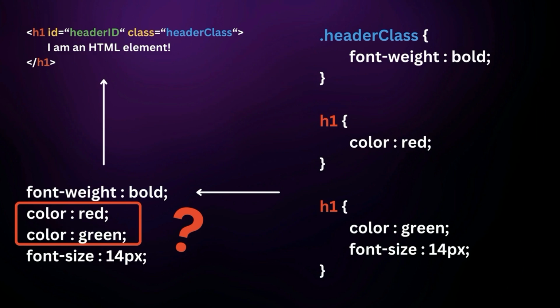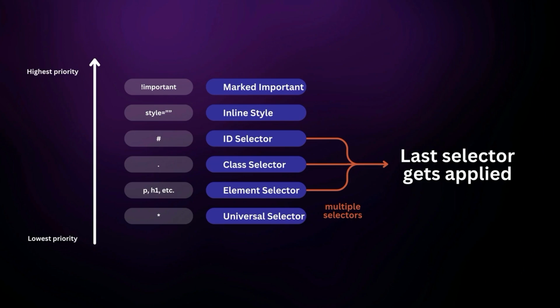So in this case, it's going to be the last header 1 selector and not the first one. So our element, instead of having the color red, it's going to have the color green because again, this is the last selector that we find in our file. And of course, this is true not only for the element selector, but also for the class and the ID selector. So every time there is a duplicate, the one that takes priority is always going to be the last selector.